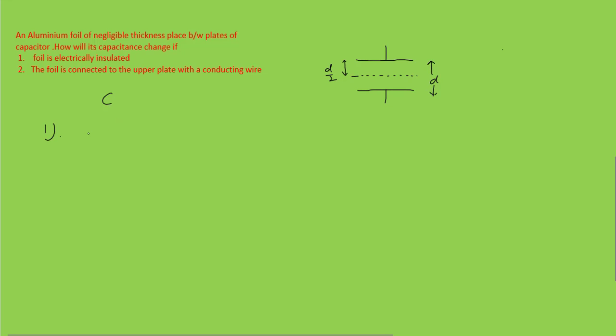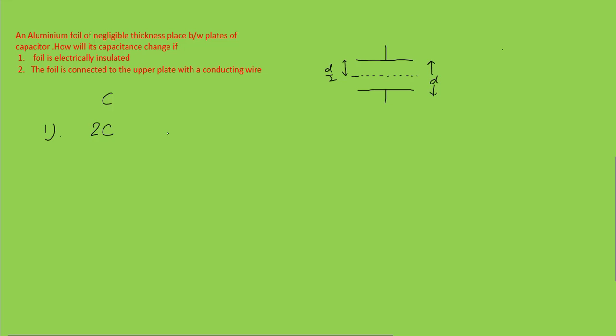In the first case, the effective distance becomes D by 2, so the capacitance will become 2C, because capacitance is inversely proportional to D. Since the effective distance between the two plates becomes D by 2, the effective capacitance will be 2C in this case.